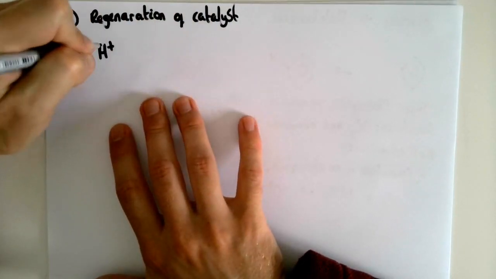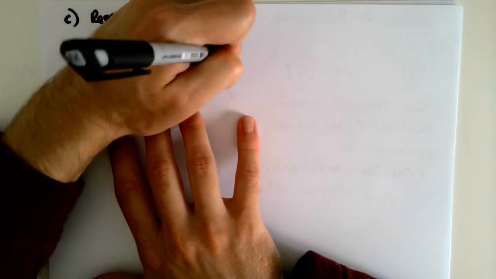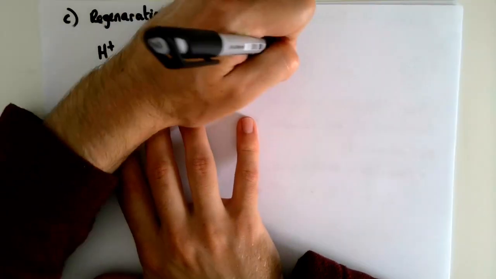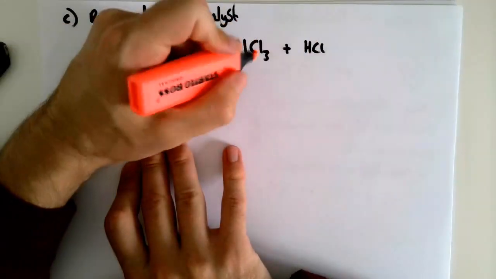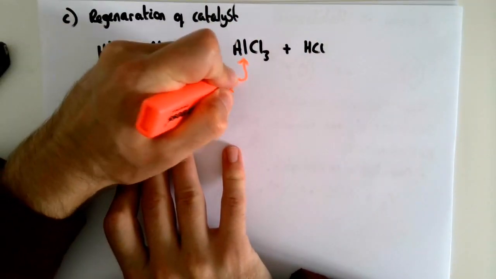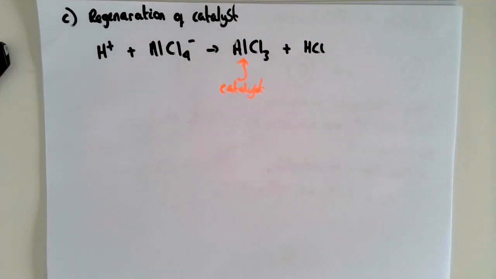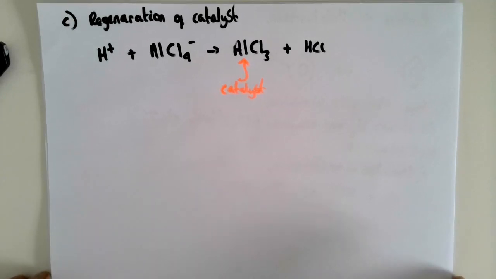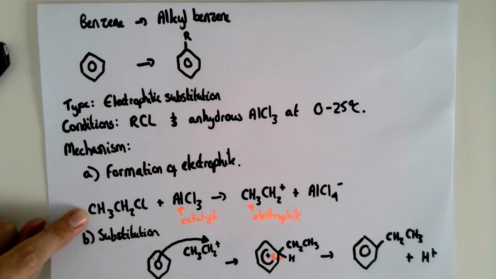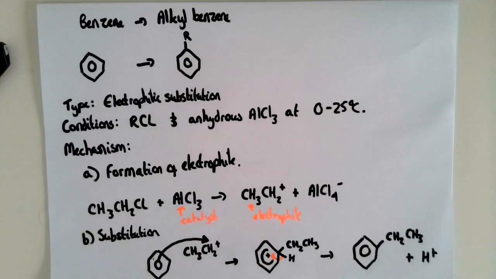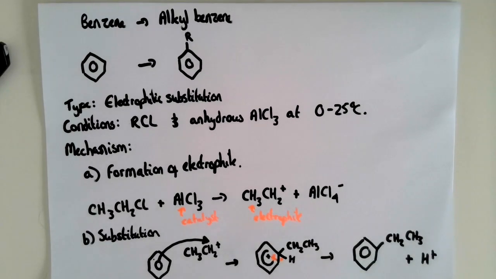So H plus AlCl4 minus goes to make AlCl3 and HCl, and there's the return of my catalyst. Hopefully you can see the patterns in those reactions. I picked chloroethane here, but I could have picked any length of carbon chain and that would substitute onto the benzene ring for me. So those are the reactions of benzene.